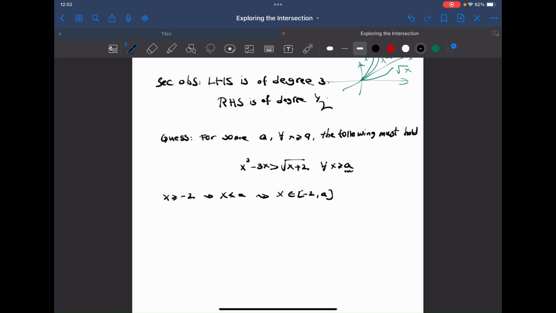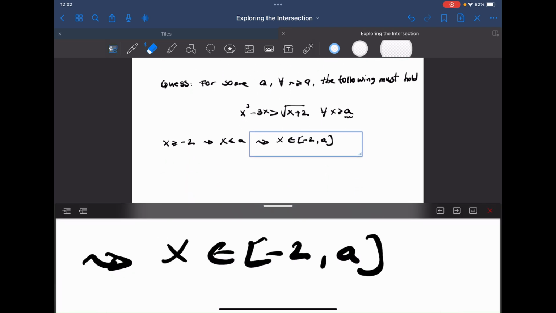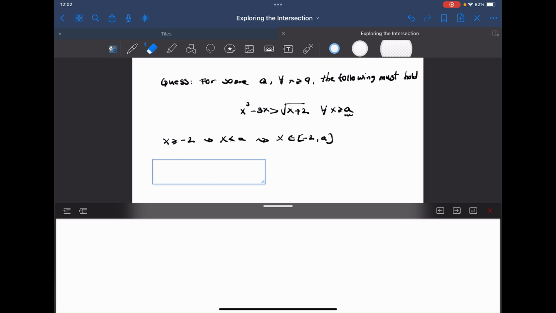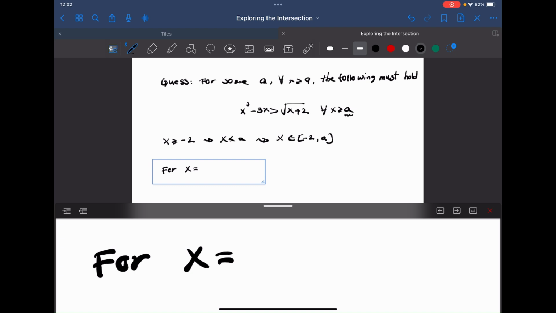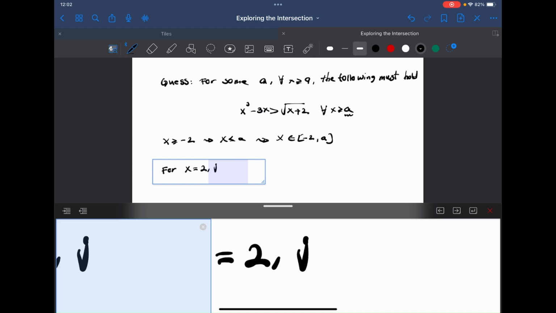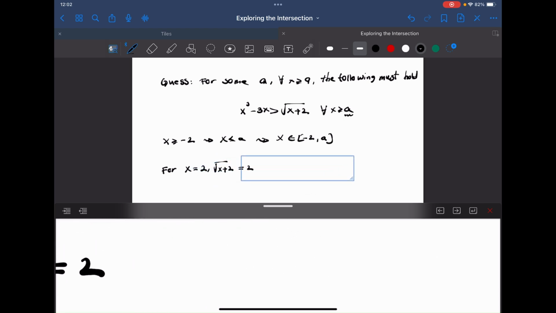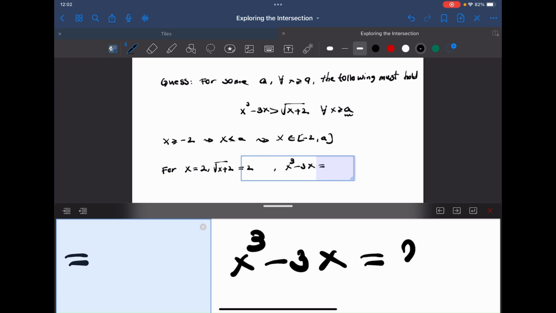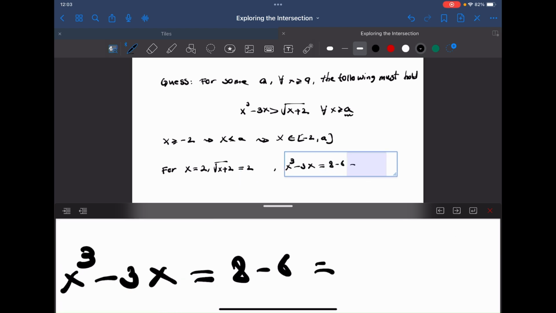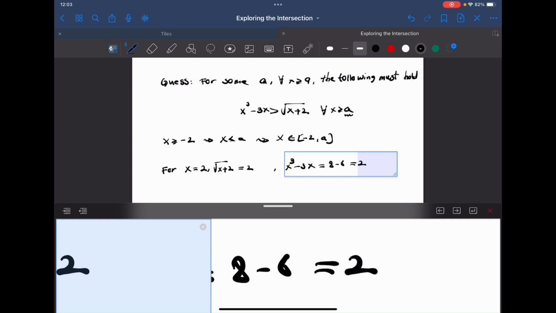For x equal to 2, I have x plus 2 equal to 4, so the root is 2, and also x cubed minus 3x equal to 8 minus 6 equal to 2. So I have equality for x equal to 2.